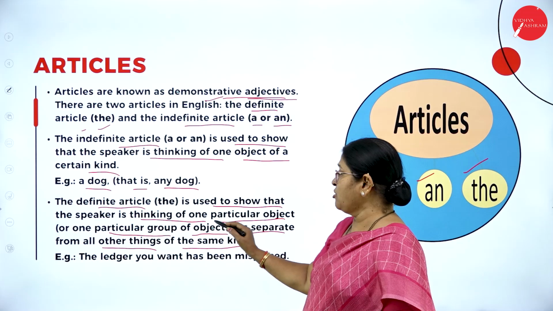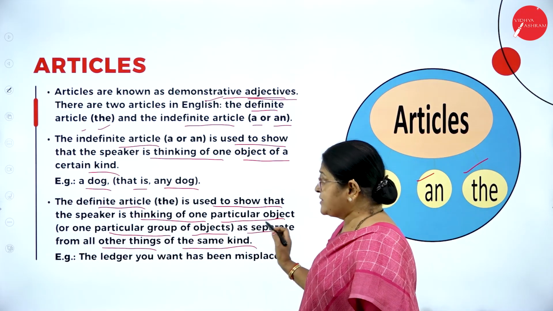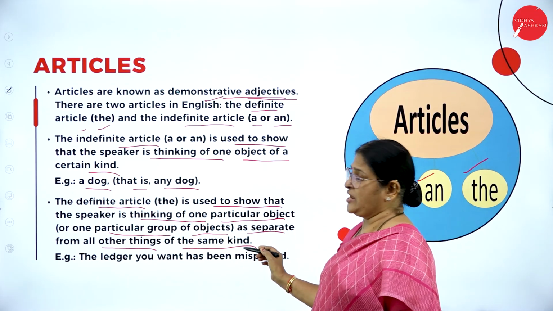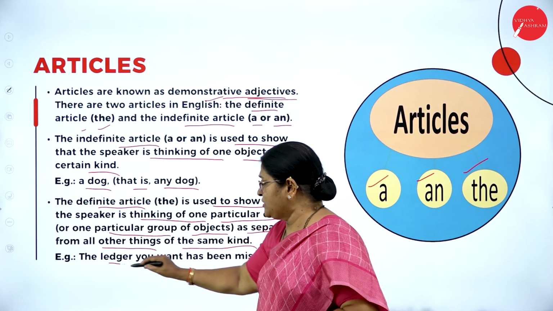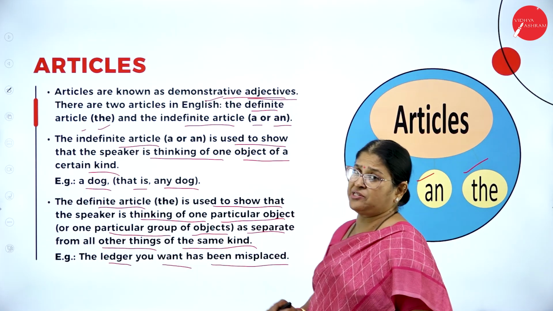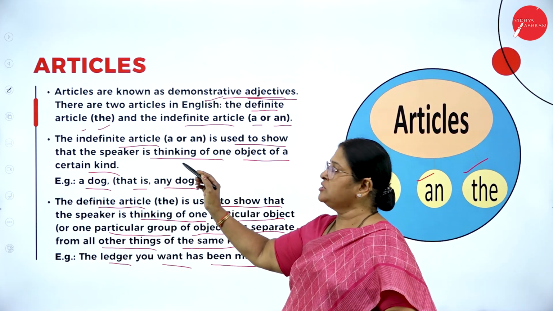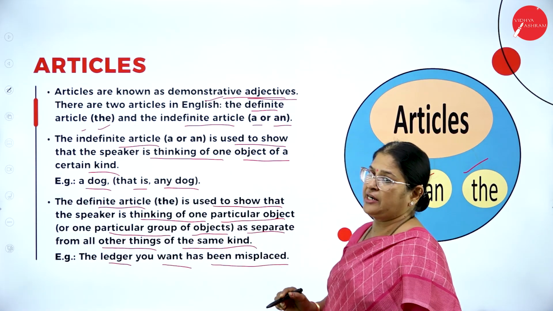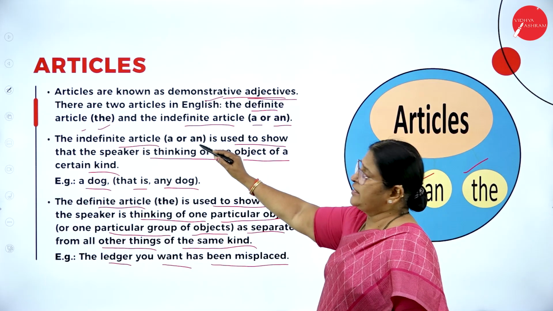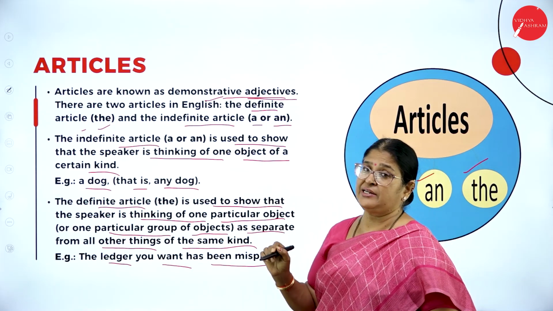When the speaker is thinking of one particular object as separate from all other things of the same kind. For example, the ledger you want has been misplaced. So, I hope you have all understood the situation when we use the indefinite article and the definite article. Indefinite articles are a or an and the definite article is the.